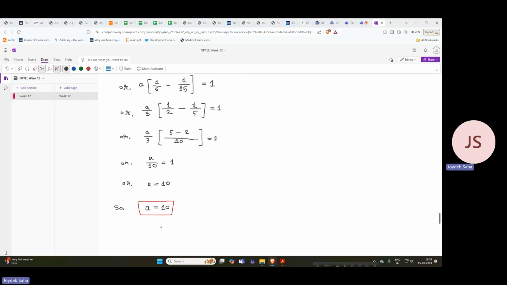You take 1-2 minutes to understand and then we will proceed for the next part of this question. Okay, so if there is no query, then we will proceed for the next part of this question.